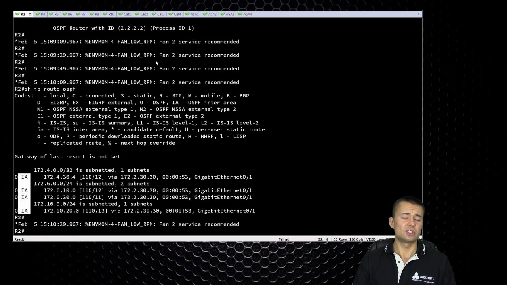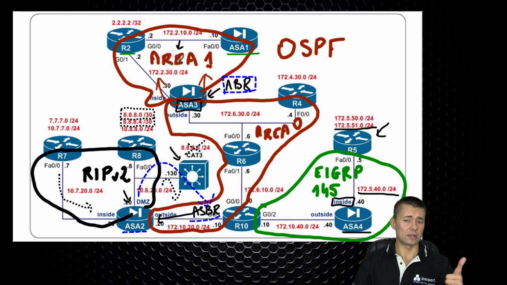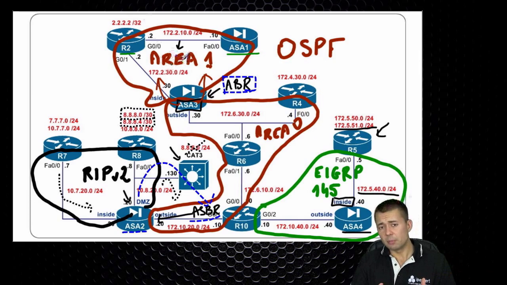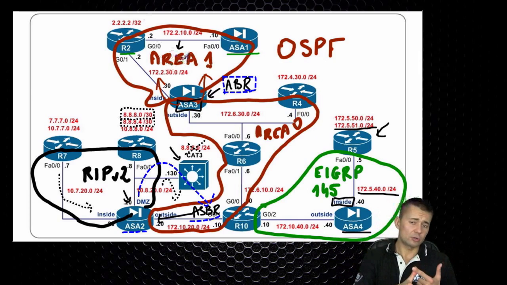So I have an option. I can change the type of the area from the normal type to a total stub, because the stub is going to affect external prefixes. When you make an area a total stub, it is going to affect external routes and the inter-area routes.